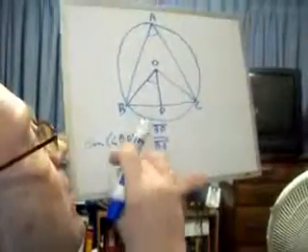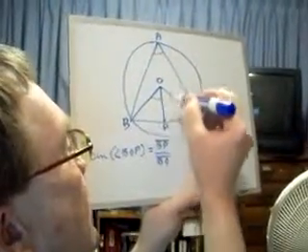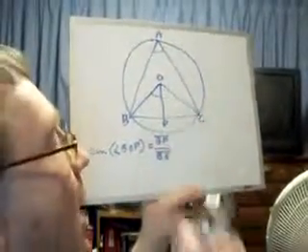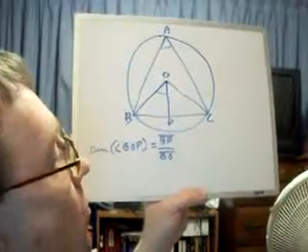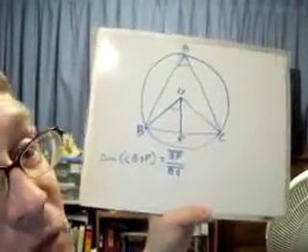The sine of BOP, which is this one right here, is BP over BO. It's the side opposite over the hypotenuse. Well then, couldn't we replace that BP right there? Yes, we can. Let's replace BP with another value.